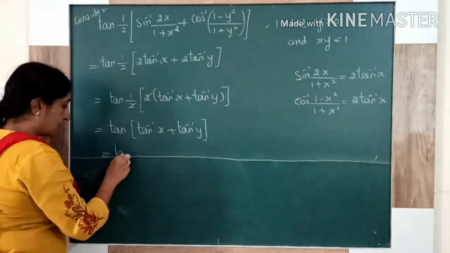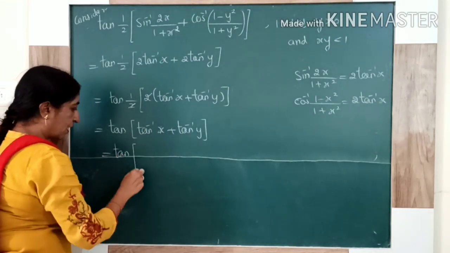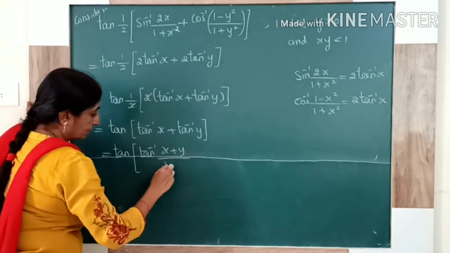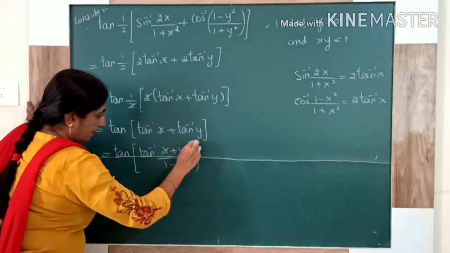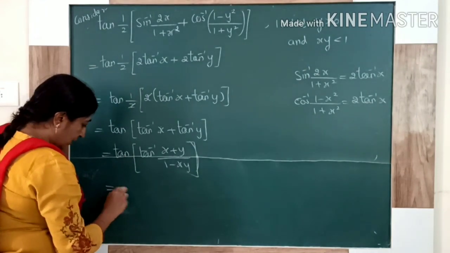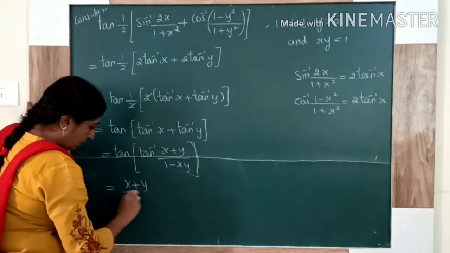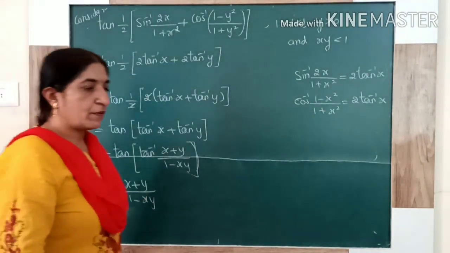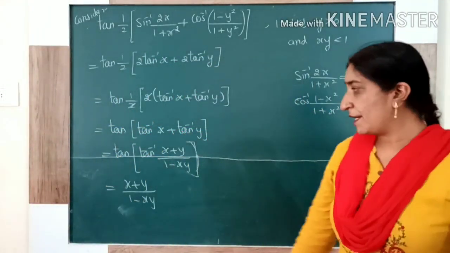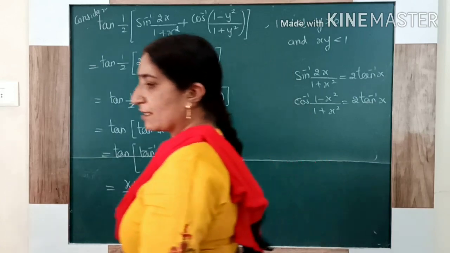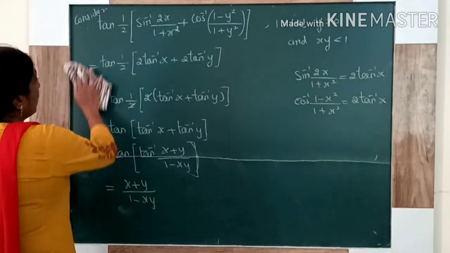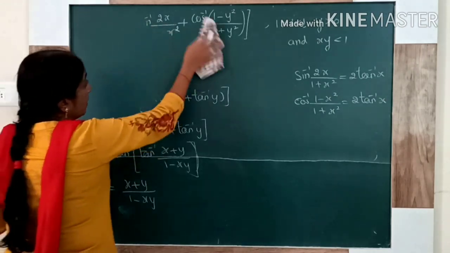Now tan is as it is, in the form of tan inverse x plus tan inverse y. This tan and tan inverse cancel, giving x plus y upon 1 minus xy. In every problem I gave you, if tan and tan inverse come together, they cancel. In most examples I told you this. Now I am giving you the condition for when they cancel.